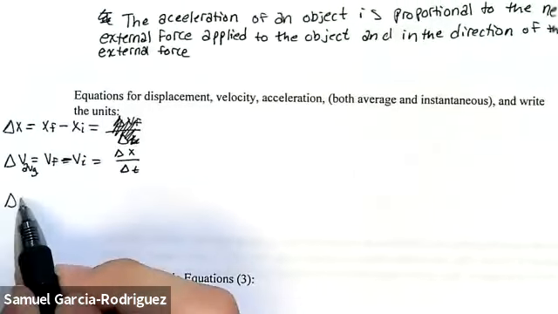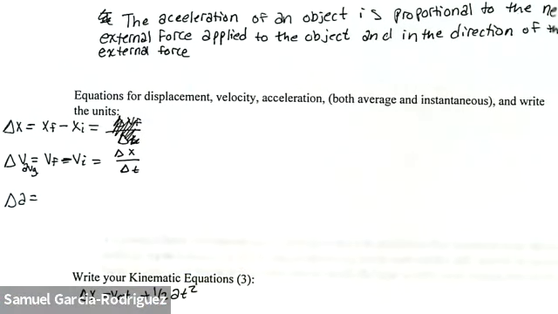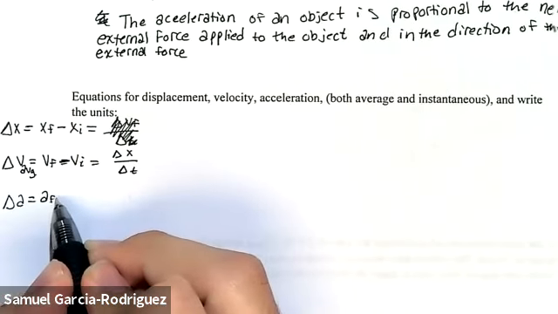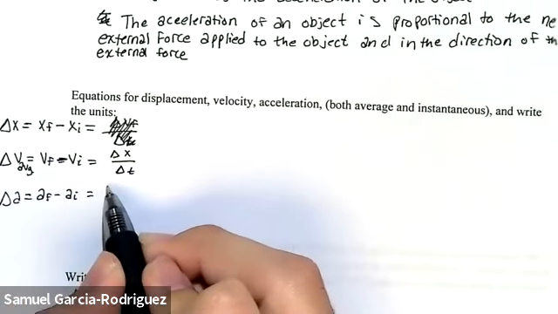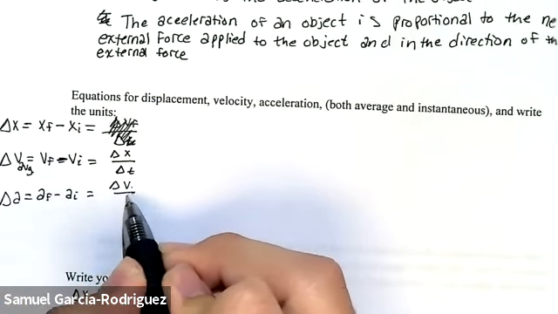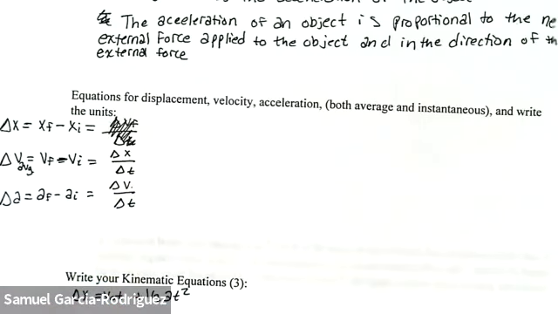Who can give me the equation for average acceleration? I'll circle back to displacement. You got it. Now, actually, just so that I'm not telling you something wrong, yeah, okay.